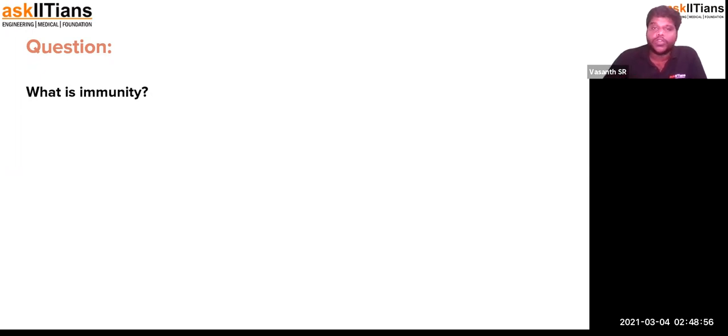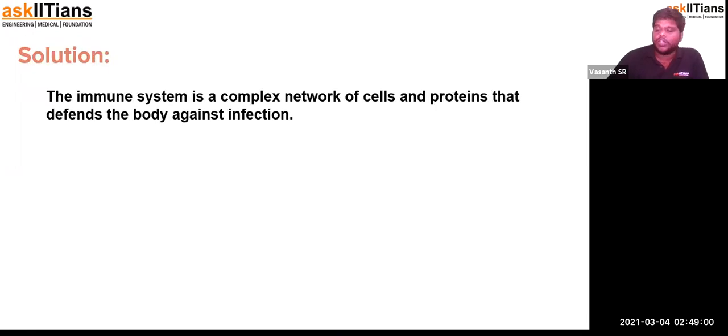Now we'll see some of the questions. What is immunity? Immunity is very easy to learn. It is a complex network of cells. We have learned in the chapter called the fundamental units of life in the same class that there are different types of cells which perform different functions, and their shape and size are based on their function.